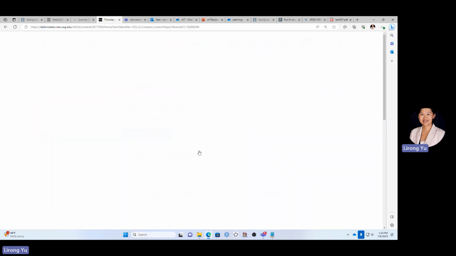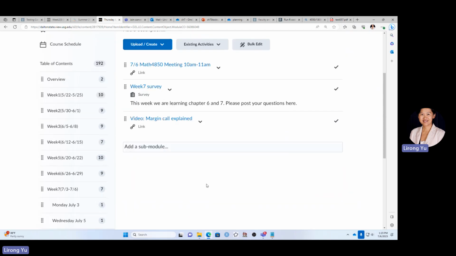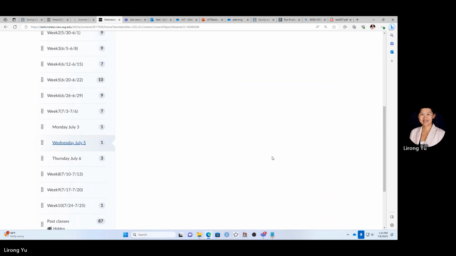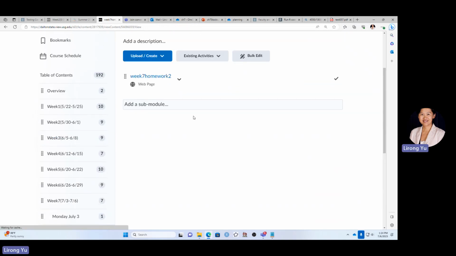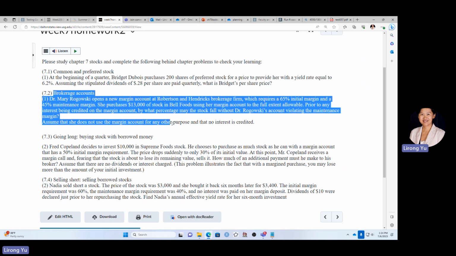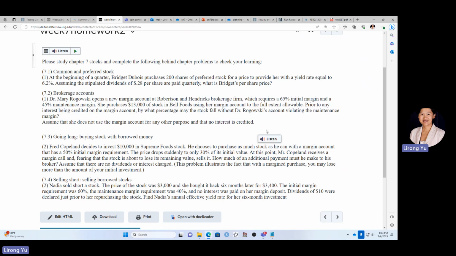So there's a few assignments that were assigned for chapter 7, and they were assigned Tuesday, Wednesday. I didn't assign a lot of questions because chapter 7 is not a high focus. We do need to learn a little bit about stock market. One of the questions is about margin account and margin call, in section 7.2 about brokerage account and margin account.